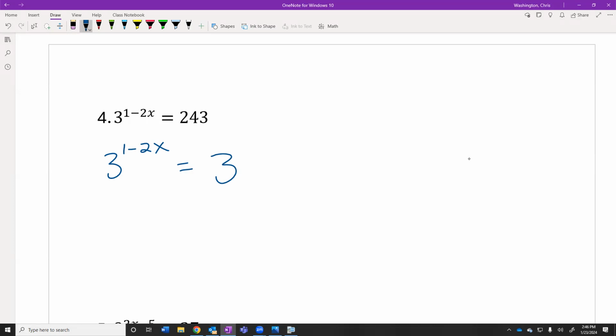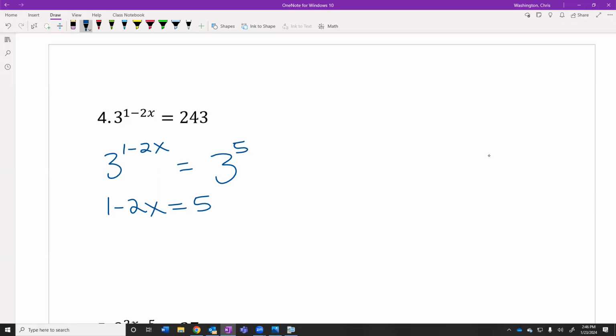And 243 is 3 to the 5th power. So we're going to change 243 to 3 to the 5th power. Now that those bases are equal, what can we say about the exponents? We know that 1 minus 2x has to equal 5.